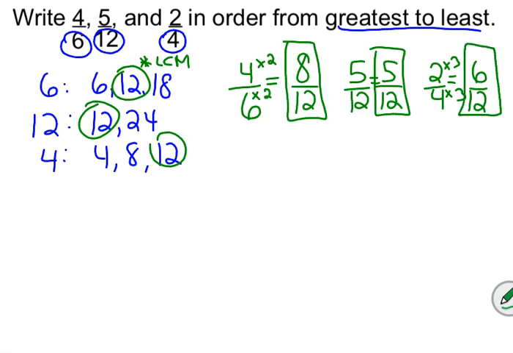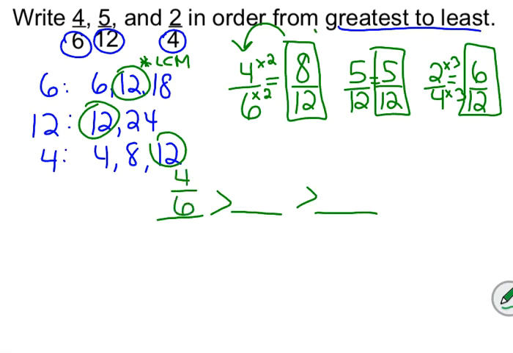Okay? So now I want the order greatest to least. The greatest has to be here. And I have 3 fractions, right? So the one that's the greatest goes all the way in the first place. So greatest: 8/12, 5/12, 6/12. So I know the 8/12 is greater, but the fraction that I'm really using is 4/6.